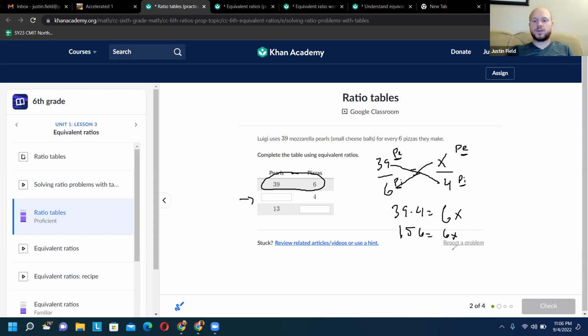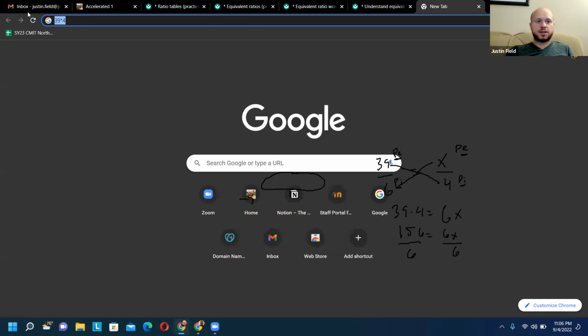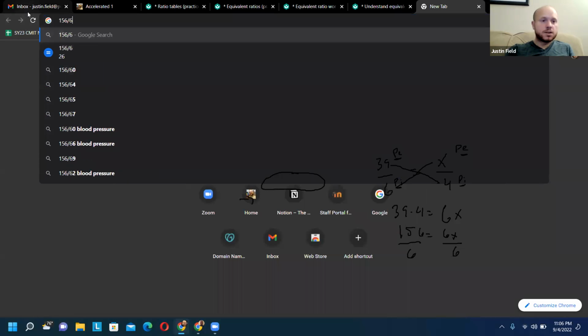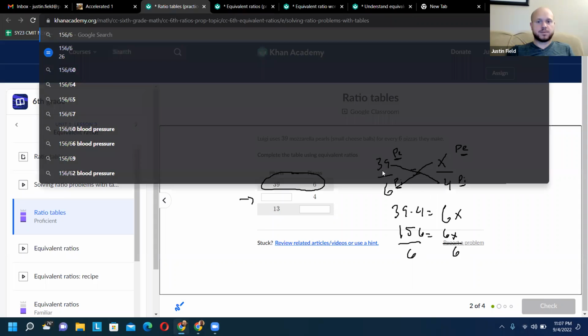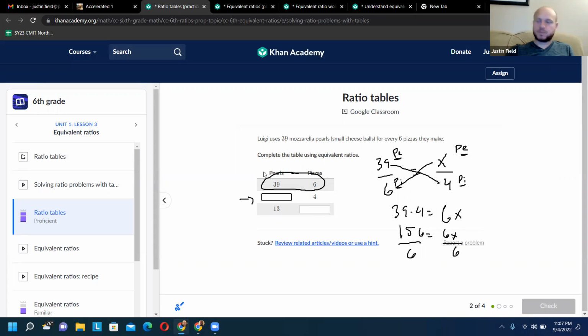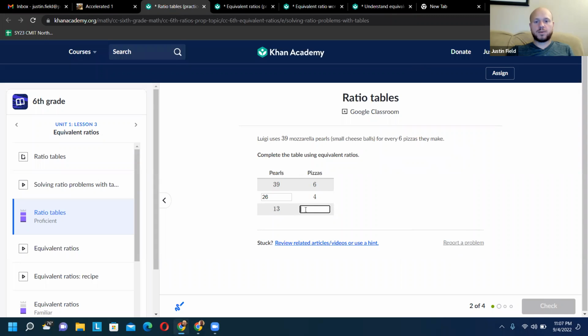So now what do I do? I divide both sides by 6. So 156 divided by 6 is 26. 26.